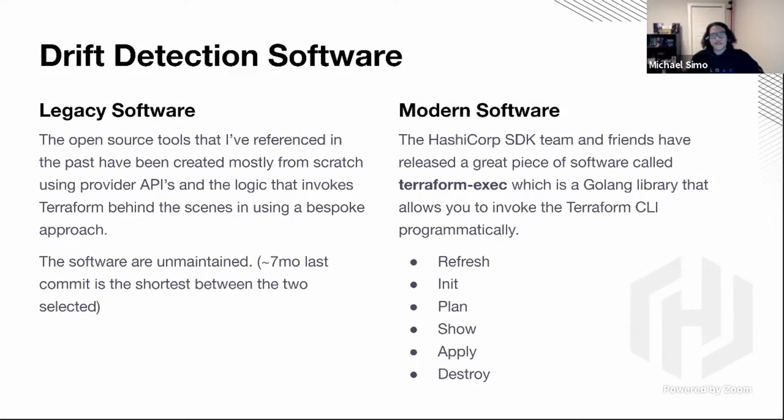So the legacy software is mostly software that has all of the logic defined manually or custom. That means pulling GitHub projects or source control projects so that they can be planned individually, as well as parsing Terraform plan files, or even just counting resources that are associated in the Terraform state file.